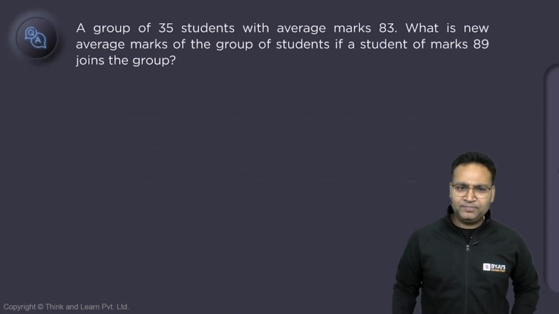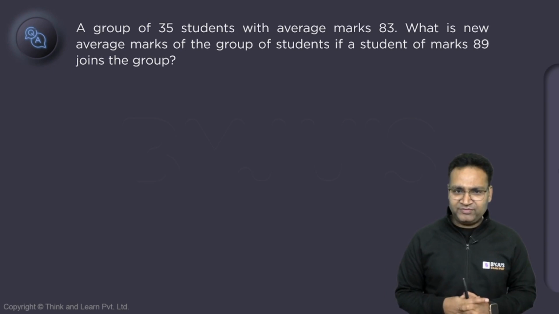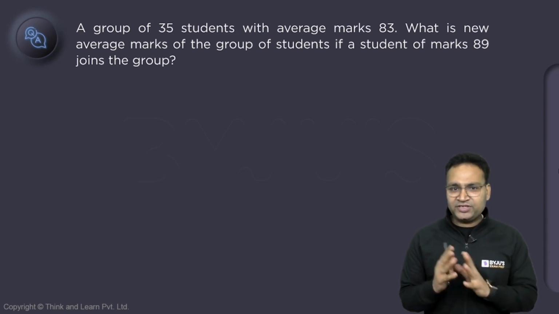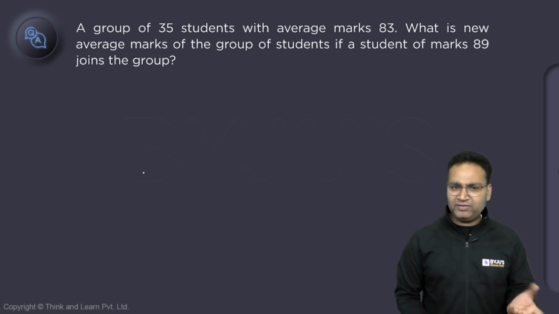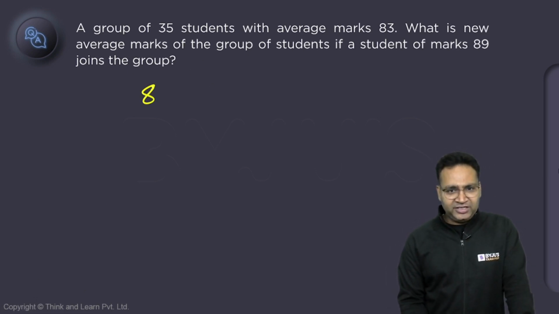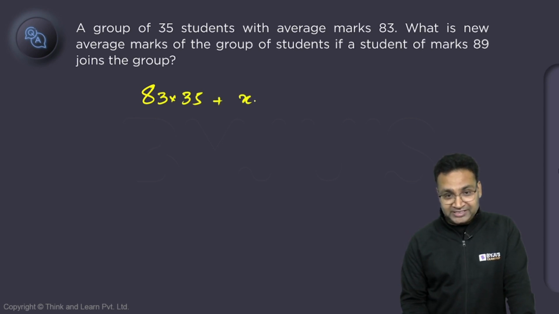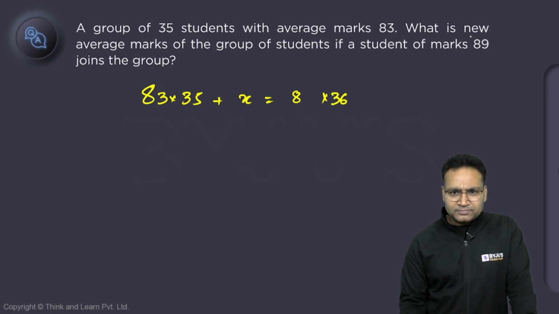Look at this now. A group of 35 students with average marks 83. Find the new average marks of the group of students if a student of marks 89 joins the group. I can very well do it. I can say 83 average into number 35 plus the new student, let's say X. Now the number of students is 36, 35 plus 1, and the average marks is A. Clear?